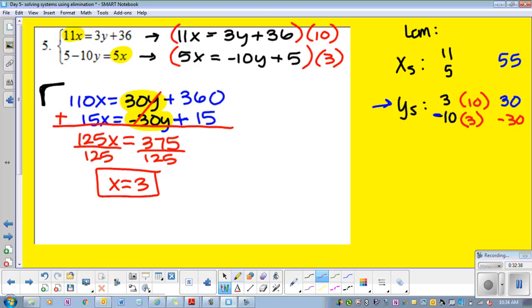Which one did you guys plug it into to solve for y? The first one or the second one? First one? Okay. So it doesn't really matter. Whichever one you plug it into, you should get the same y, right?